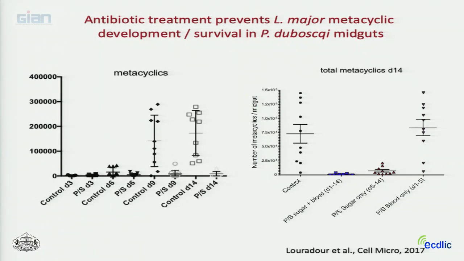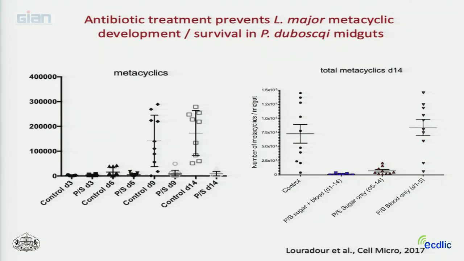And this just shows that if we included the antibiotic in the sugar and the blood meal, it prevented development of metacyclics. If it was only in the sugar meal, after the blood meal is gone, that also prevented metacyclogenesis. If we just put it in the blood meal and then excluded antibiotic from the sugar meal, the metacyclics were able to develop.